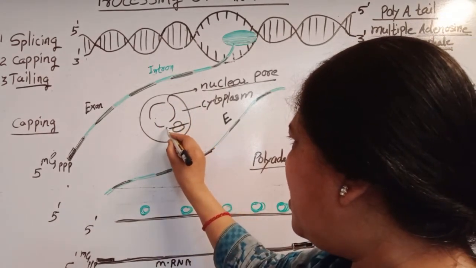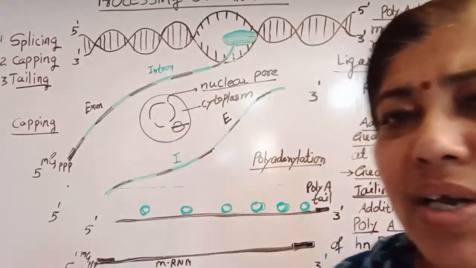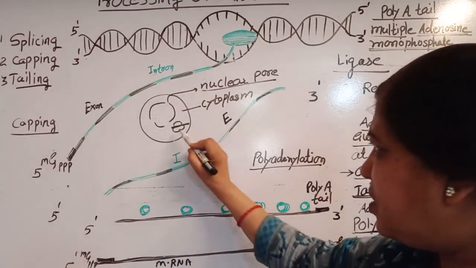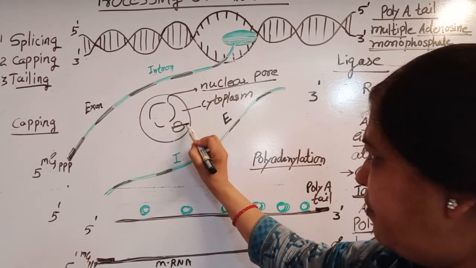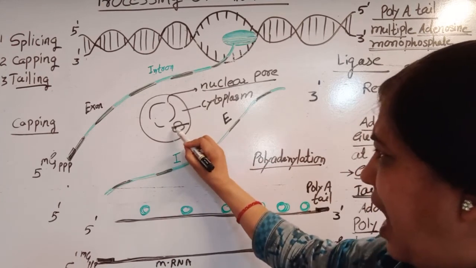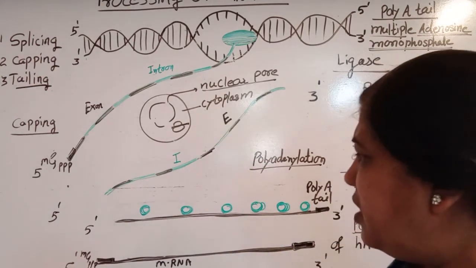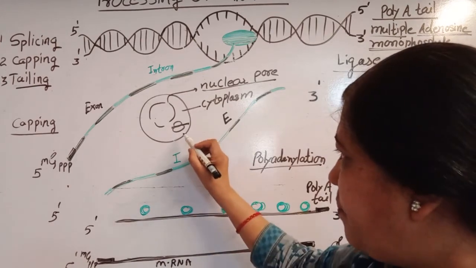This messenger RNA attaches to the ribosome, and now the genetic information carried by messenger RNA is read, and formation of polypeptide, that is formation of protein, takes place.